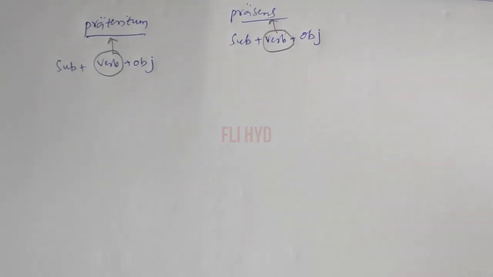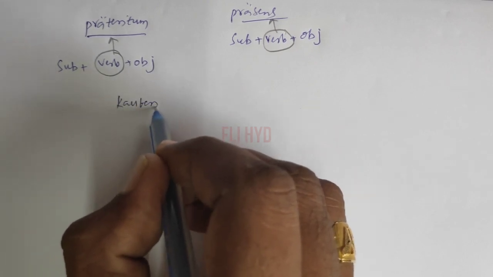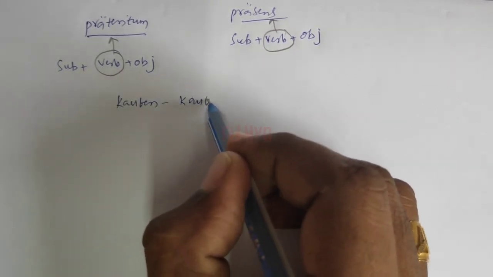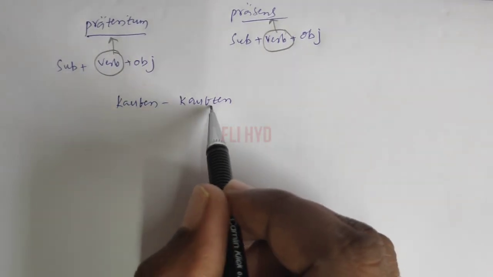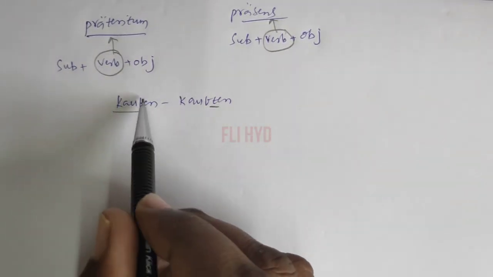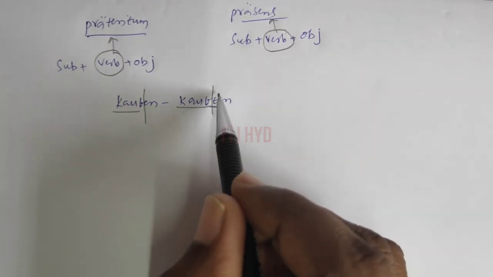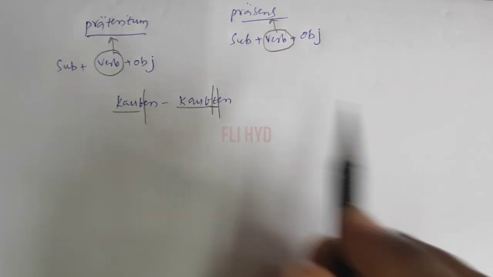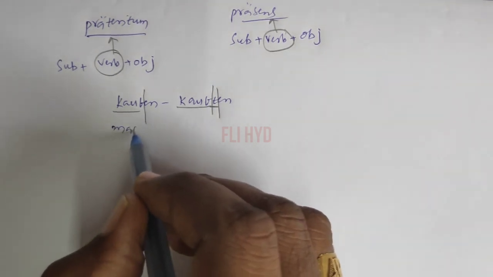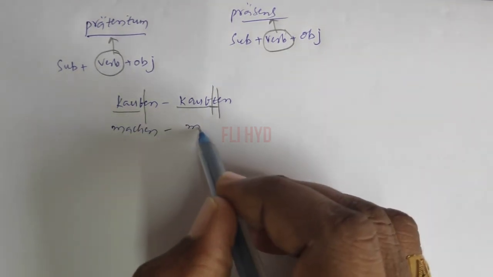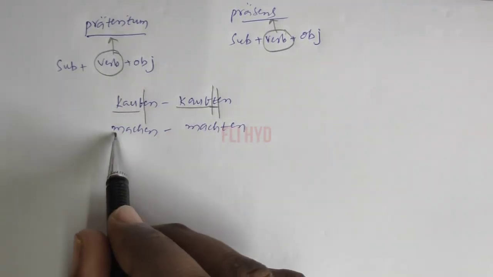Clear? For example, take the verb kaufen. The past tense is kauften. Kaufen, kauften. This is a weak verb. For all the weak verbs, the past tense is verb stem plus t plus en. And machen, the past tense is machten.